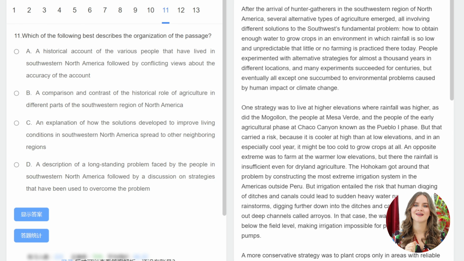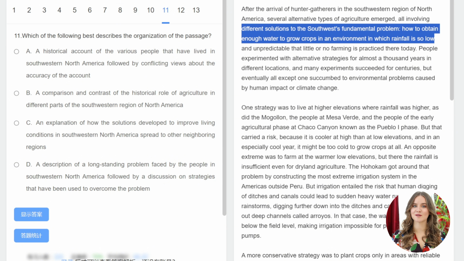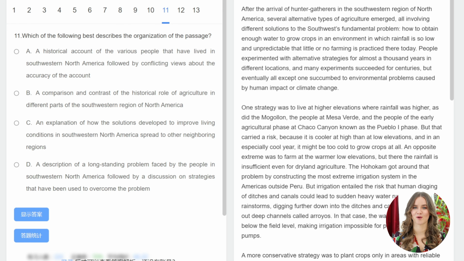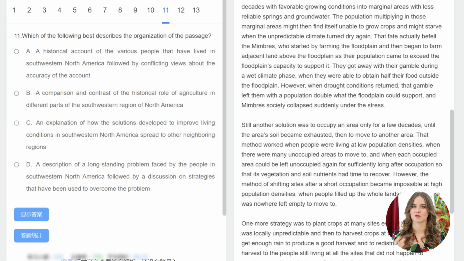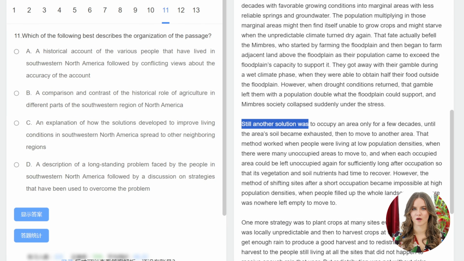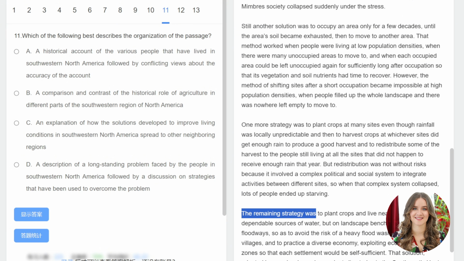If you remember, the first paragraph was all about trying to find different strategies to solve the fundamental problem: how to obtain enough water to grow crops in an environment where rainfall was low. Let's look at how each of the following paragraphs begins. "One strategy was," "a more conservative strategy was," "still another solution was," "one more strategy was," "the remaining strategy was."